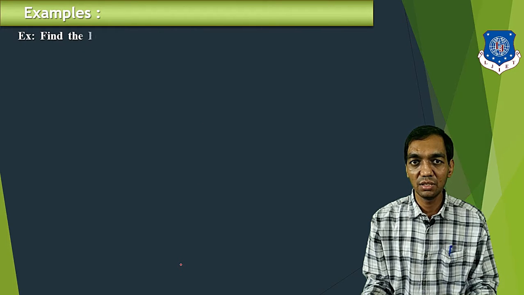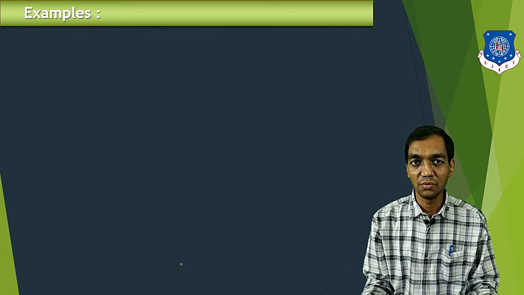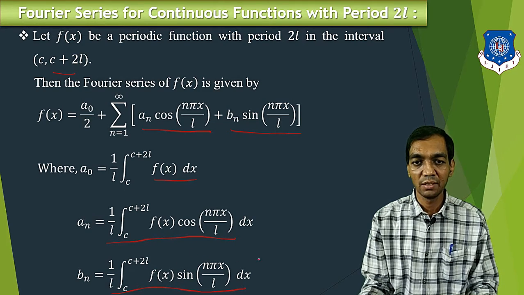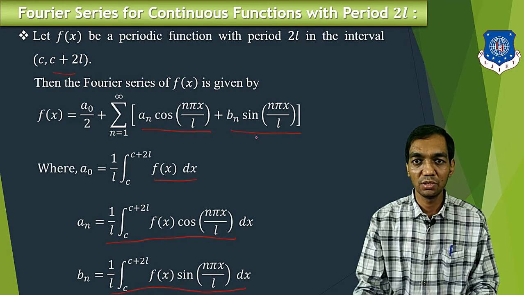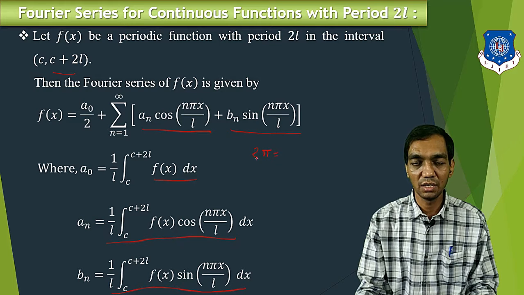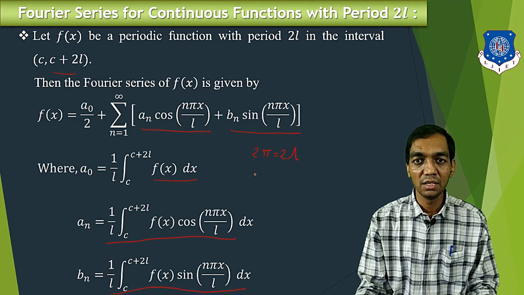Now we are starting with a 2 pi periodic function. So if 2 pi is the period of your interval, that means 2l is equal to 2 pi, which gives l is equal to pi.